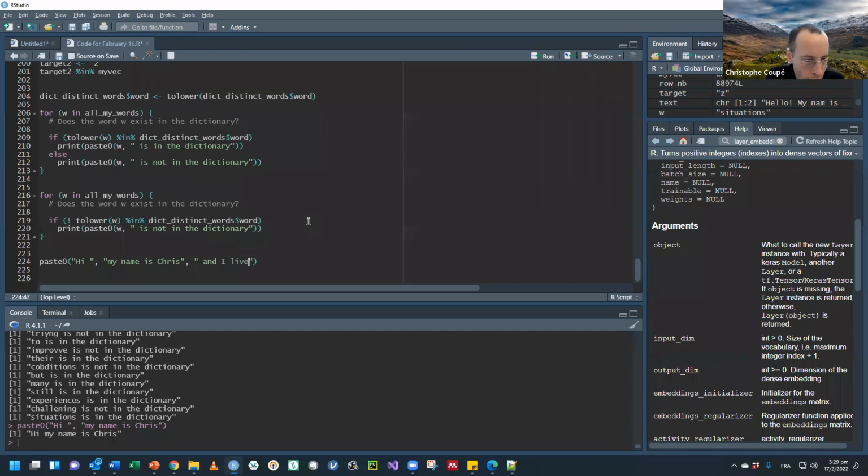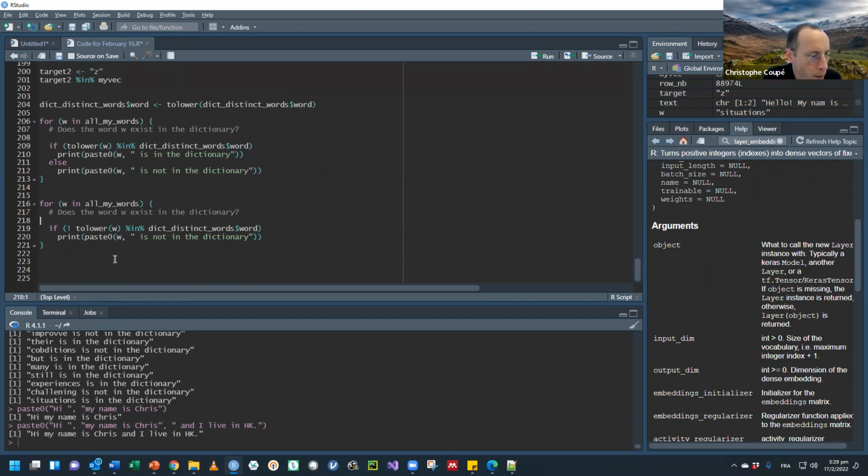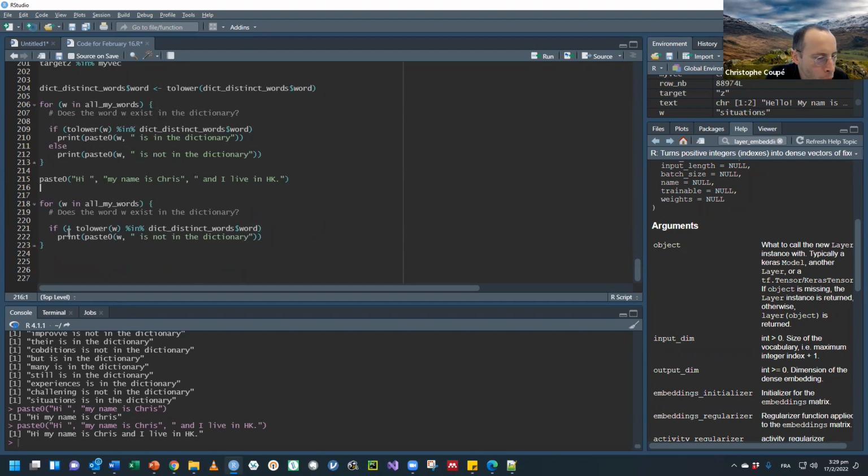If you write more than that, then of course it works with 3, with 4, with 5, etc. So now with my new loop, I'm going to check whether the word is not in the dictionary. Then if that's the case, I'm going to write W is not in the dictionary.